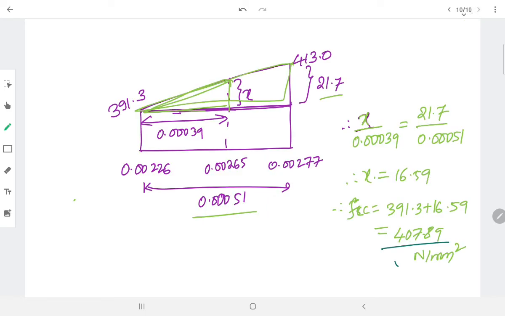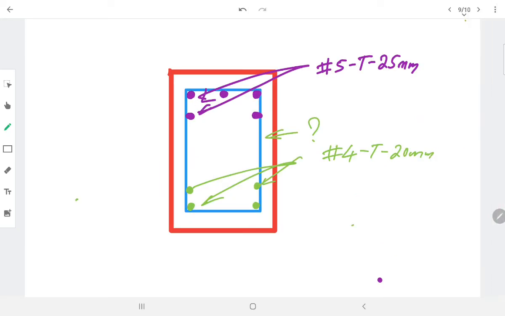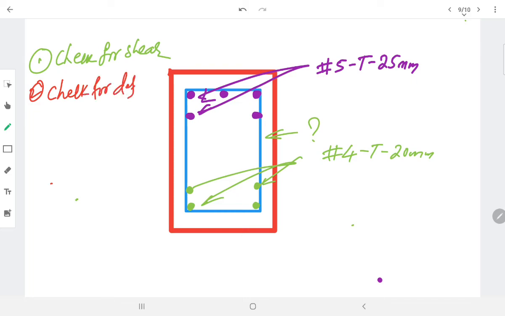The remaining steps to be calculated: first one, check for shear; second, check for the deflection; third one, the development length.